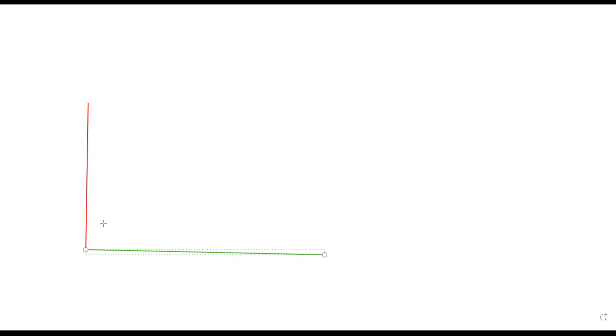This is actually starting from this point, going upward, and that should be joining over here.